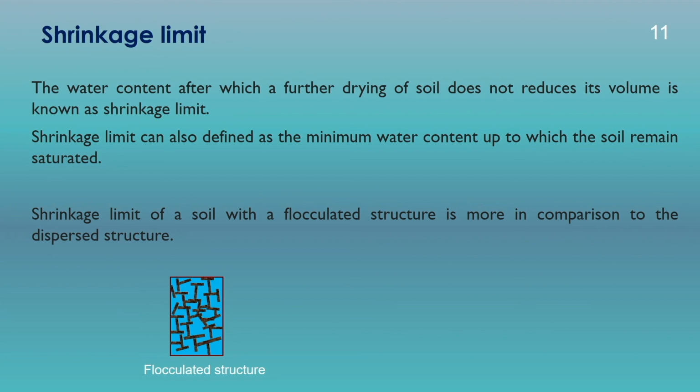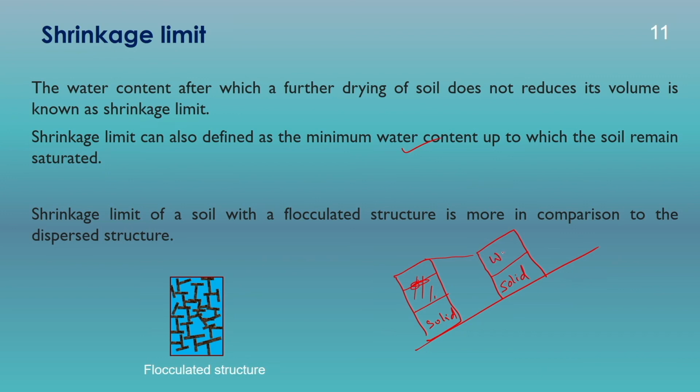The shrinkage limit is the minimum amount of water content up to which the soil remains saturated. If we take a soil sample and dry it, then the water content of the soil will decrease, and so the volume of the soil will also decrease. This is a fully saturated soil. Now, as we decrease the water content, the volume of the soil will be decreasing, but after reaching a certain value of water content, the volume of the soil will not decrease.